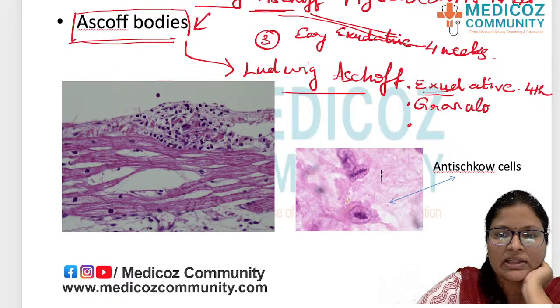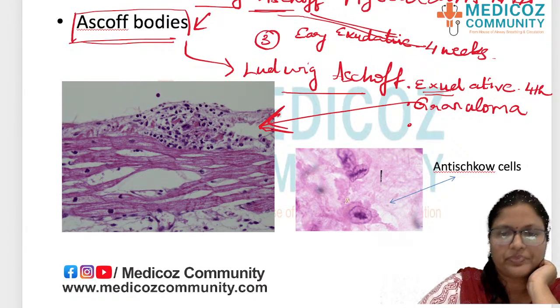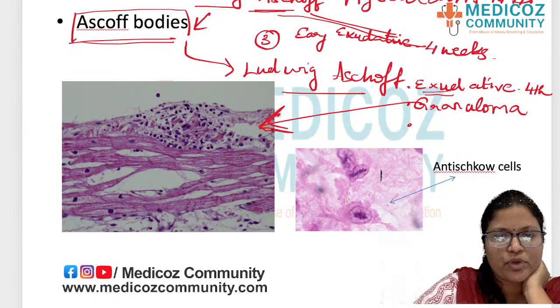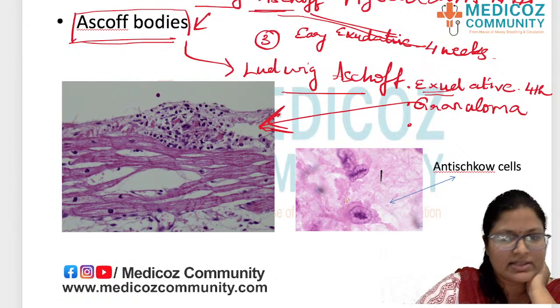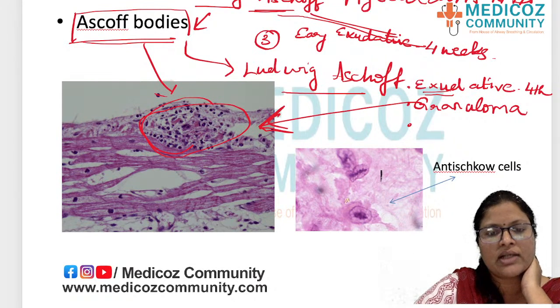In this phase you have the Aschoff body, where all these fibroblasts and macrophages sit together forming a granuloma in the myocardium. This is the Aschoff body. You see the striated fiber over here. This is the muscle of the heart and this is the Aschoff body.